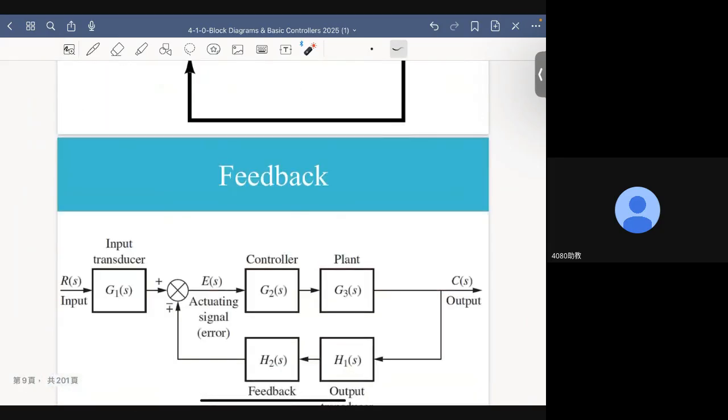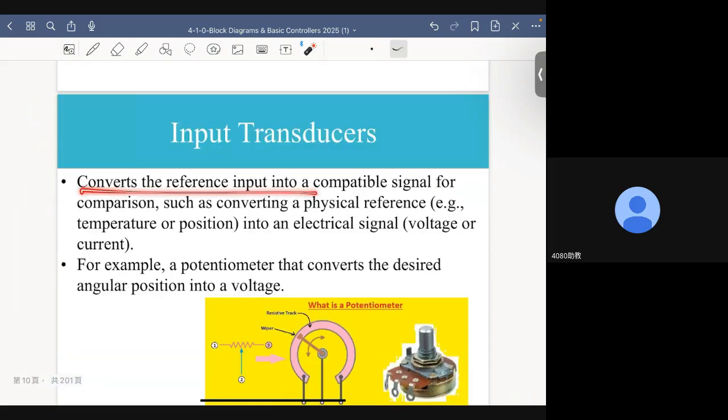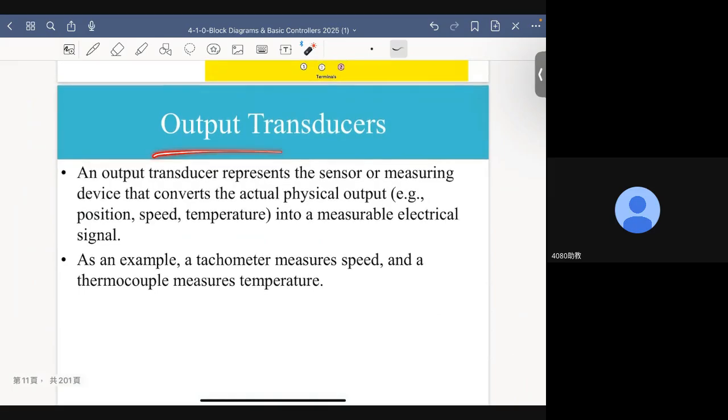So that is the reason why in a real physical control system, we need an input transducer to finish this job of converting the reference input into a compatible signal for comparison. Now, what is an output transducer? An output transducer represents the sensor or measuring device that converts an actual physical output, such as position, speed, or temperature, into a measurable electric signal.